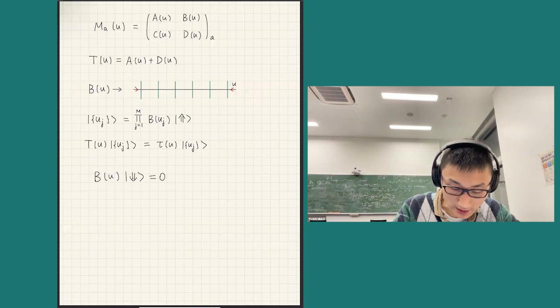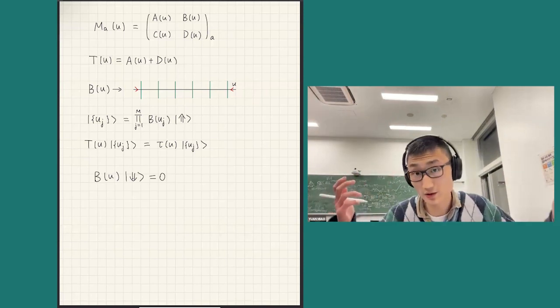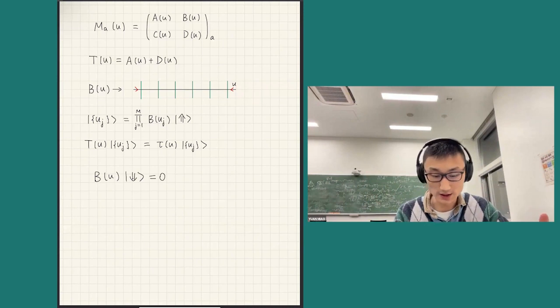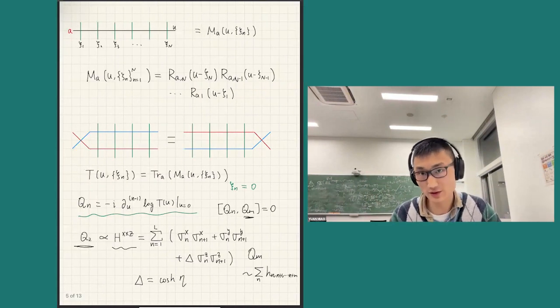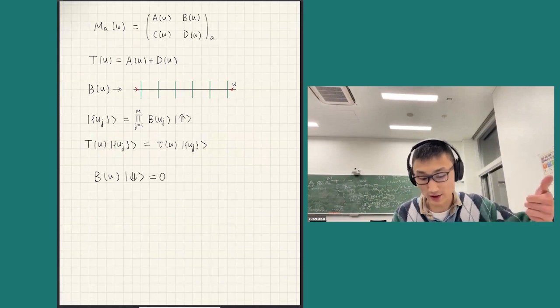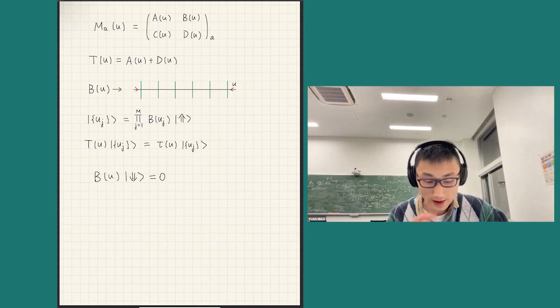The number of B operators stands for the number of quasi-particles, or excitations. In the spin chain language, they are magnons. They are essentially just turning a spin up to a spin down, this kind of excitation.